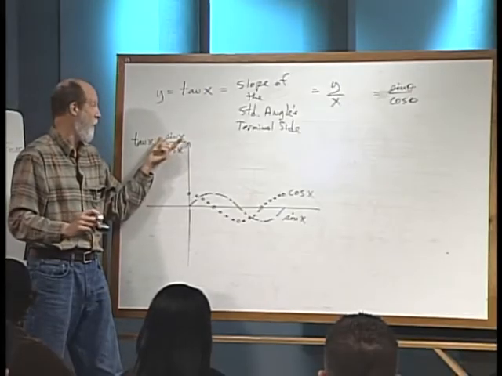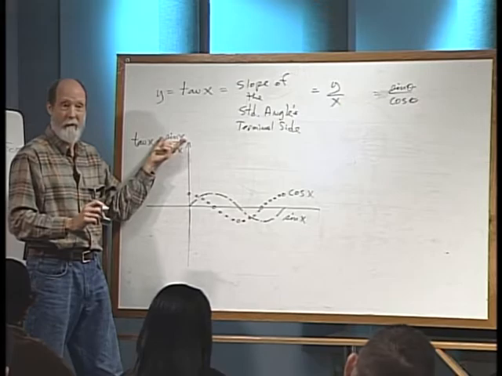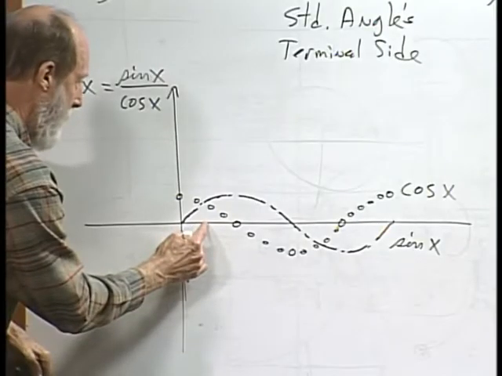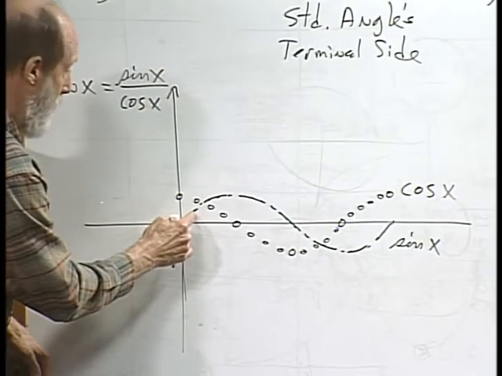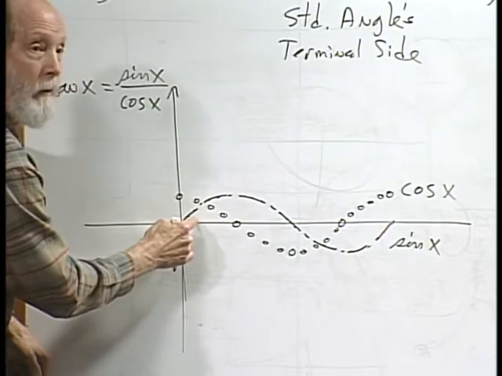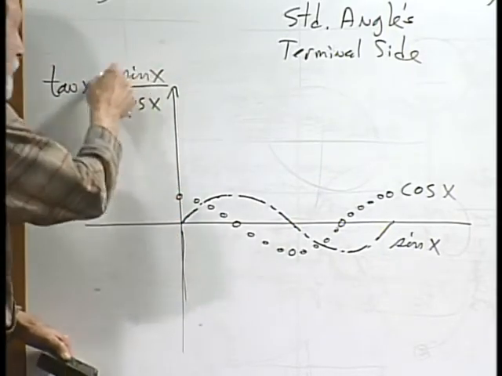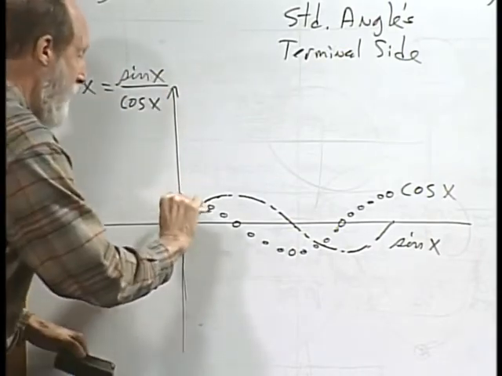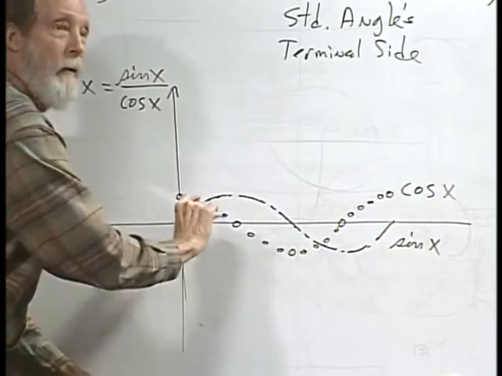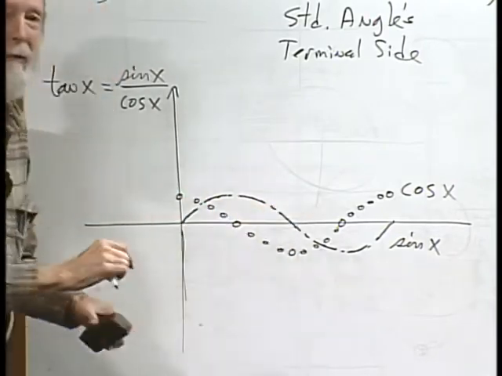If I was at 30 degrees here, what's the sine's value? The angle is pi over 6 or 30 degrees. The ratio is a half. At 30 degrees here, that sine graph is a half. That's what I mean by the values. It's the result of what the ratio value is coming out of this if you pick an angle. So the heights that you see on this picture are the values.